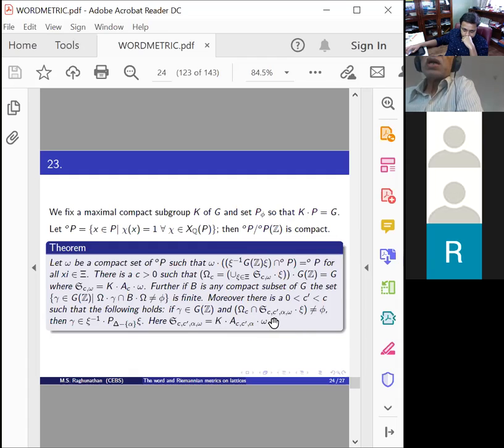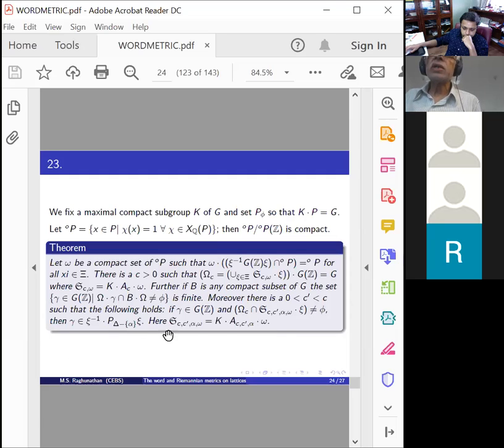What I want is this, sorry, it should be both omega C and this omega C prime. What I want is omega C intersection. This should be omega C prime, not S_{C,C' alpha omega}, but omega C prime. Suppose omega C intersection omega C prime psi is not empty, then gamma actually belongs to the parabolic subgroup.